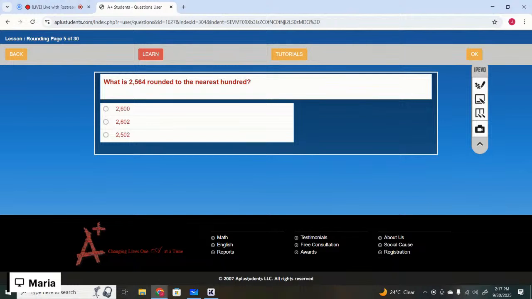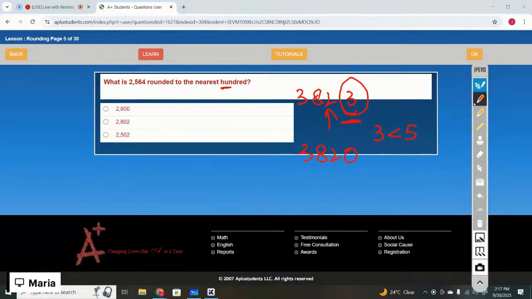What is 2,564 rounded to the nearest hundred? 2,564. The hundreds digit is 5.